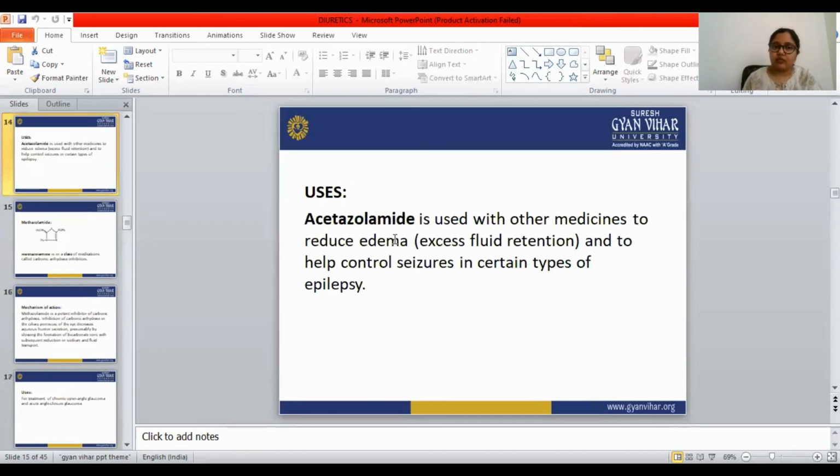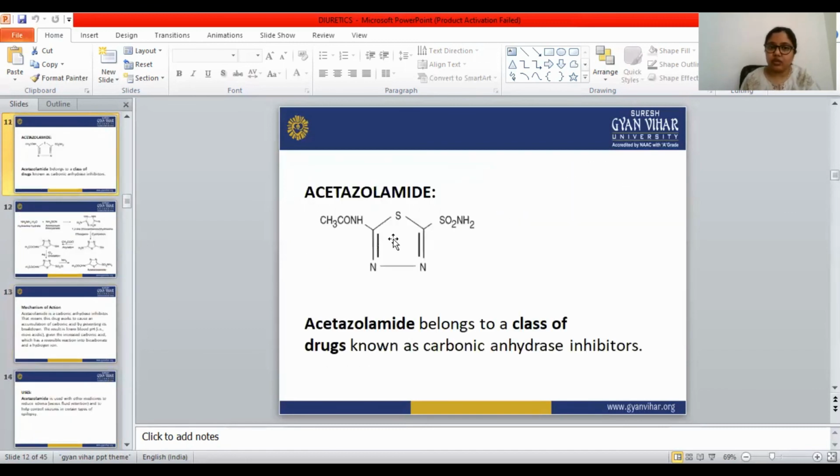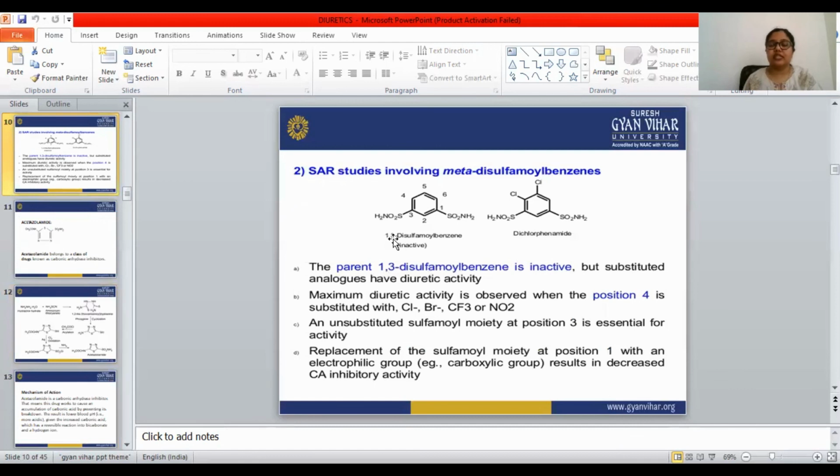The SAR of these drugs is mainly important in medicinal chemistry. So the SAR of the disulfamyl benzene group means the first position of the sulfonyl group should be unsubstituted. And if we introduce any chloride group or bromide group at the 4th position, that maximizes the diuretic activity.